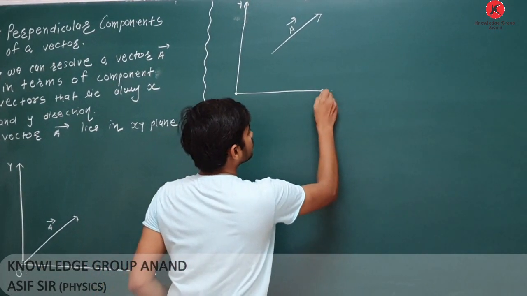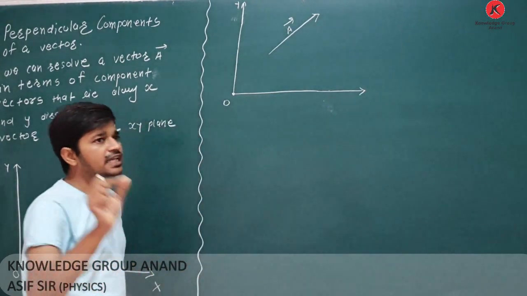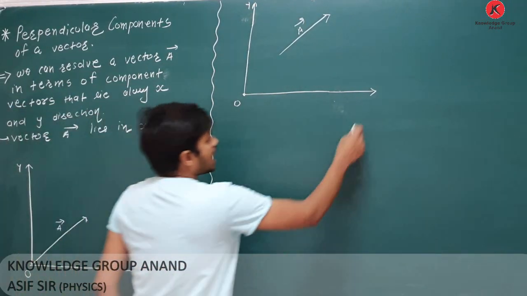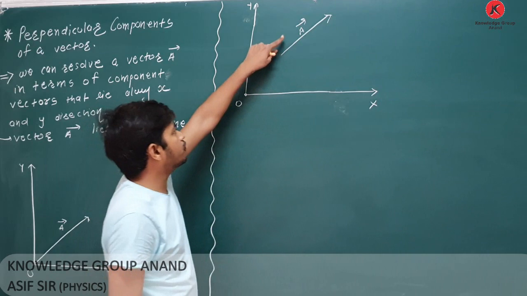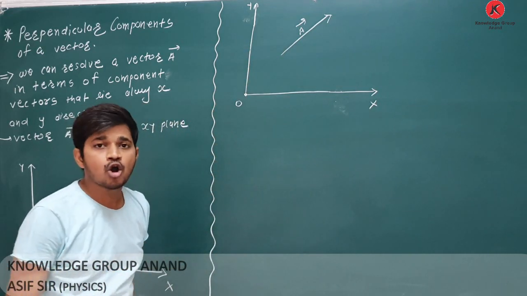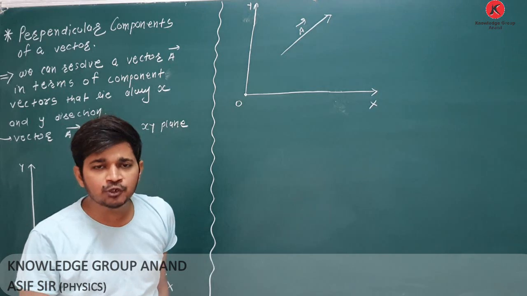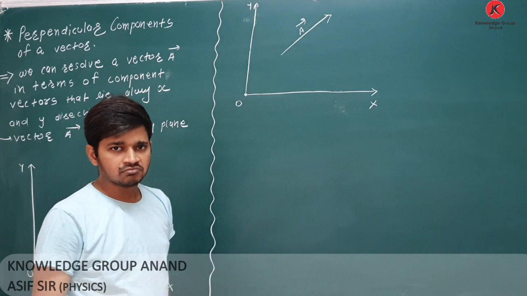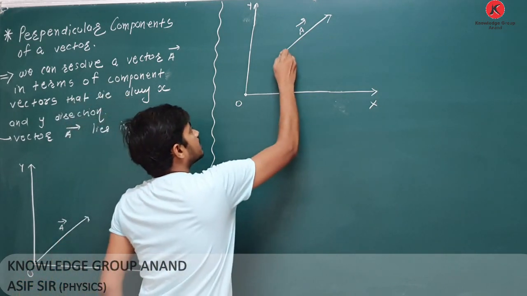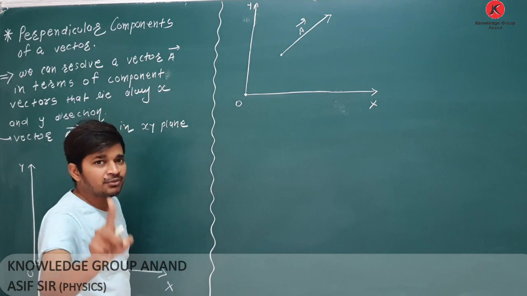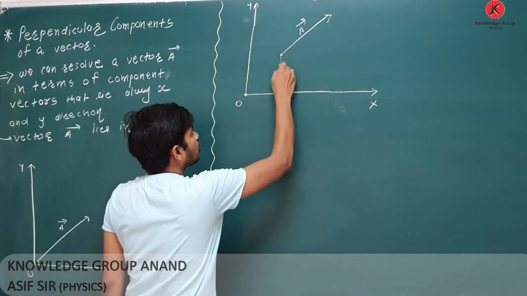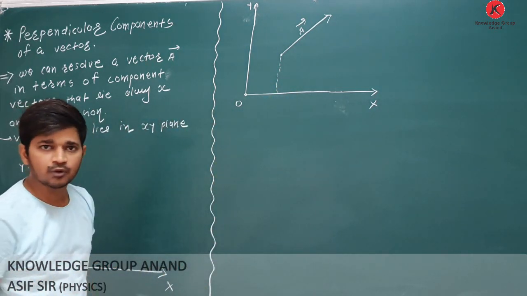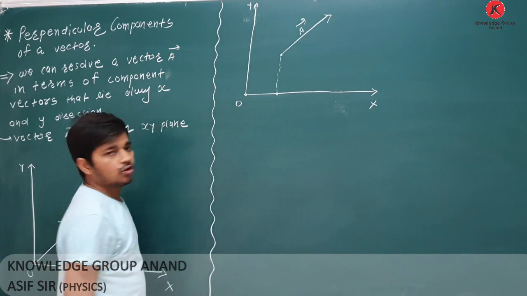Okay. So now I want to resolve this vector A in two components. How to resolve this vector in two components? See carefully what is the method. If I want to find component of A in direction of x, draw perpendiculars from tail and head of A on x-axis. How? From tail of vector A, draw perpendicular on x-axis. Clear about this? Okay.